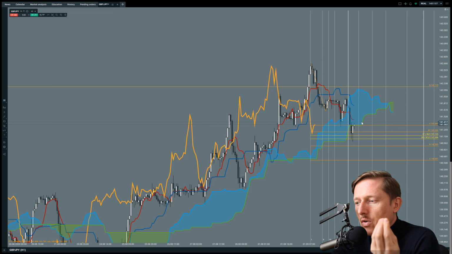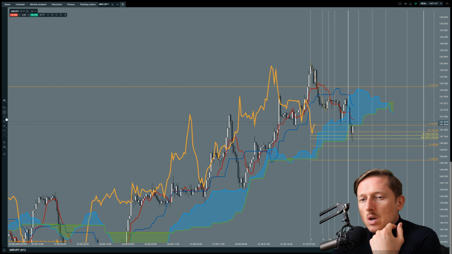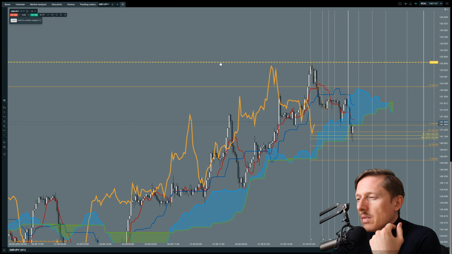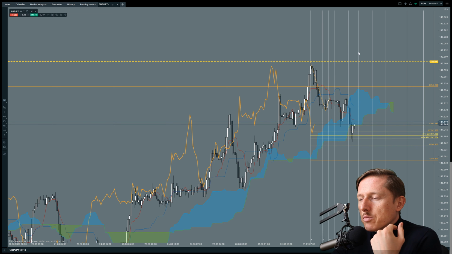And having this information, we can try to get some pips, close our buy positions and or reopen sell positions with the stop loss obviously above these highs. So that would be our stop loss, and then we are trying to squeeze as much as possible.